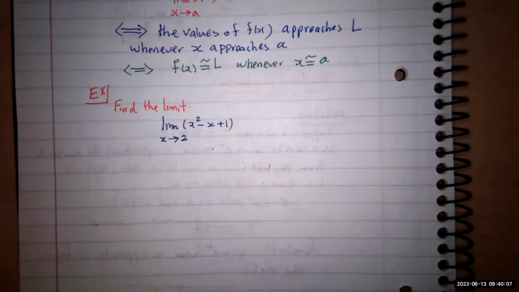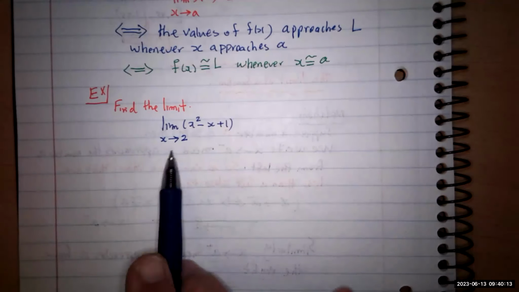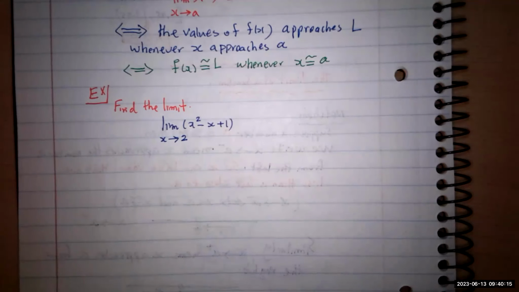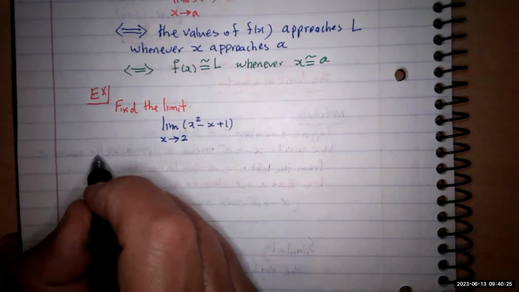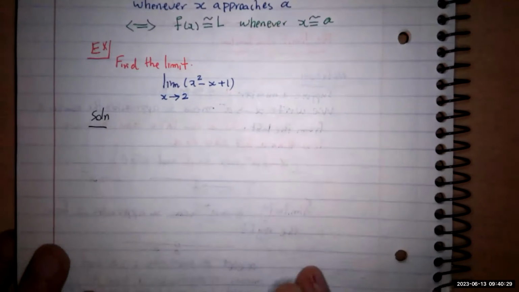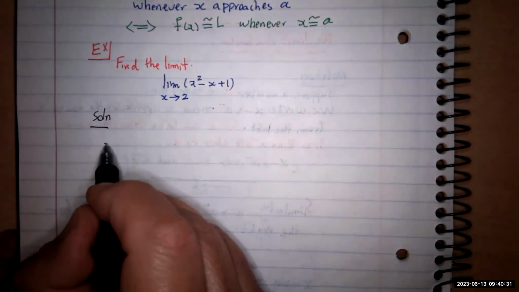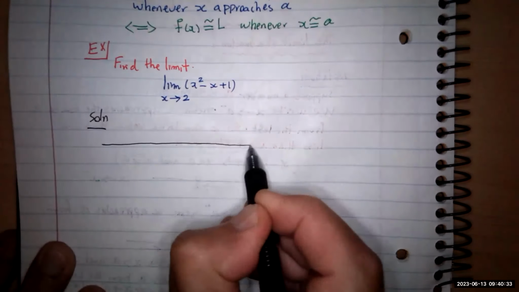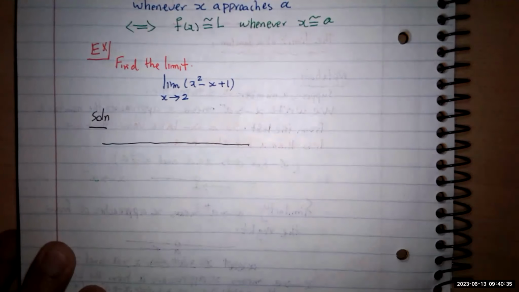So for the time being, the way to do it is just estimating. We have to pick some numbers, going in different directions, getting some numbers to the right of the 2 and to the left of the 2, and estimate what would happen to x squared minus x plus 1. For the time being, this is going to be our job, but we are going to check it later on quickly.